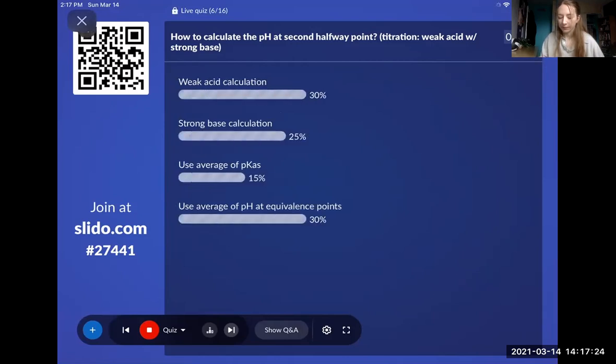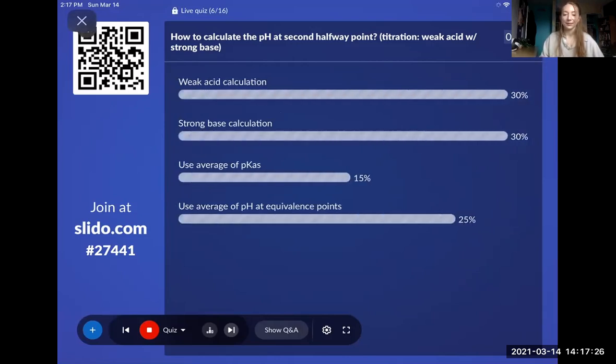Okay, wow. Interesting. Yeah, there actually are. pH equals pKa at the second halfway point. Yes. However, what if you don't know what the pKa? I should have mentioned that. What if you don't know what the Ka values are? And I'll go through this.